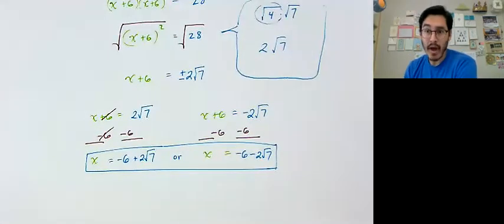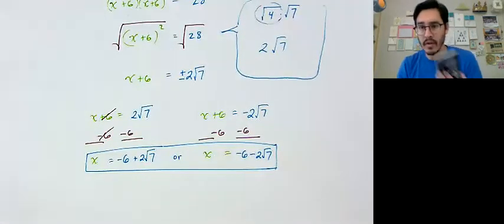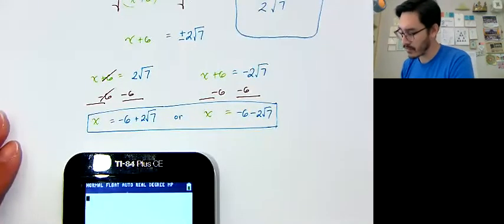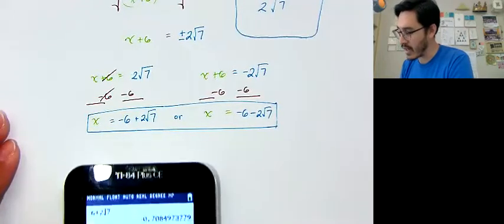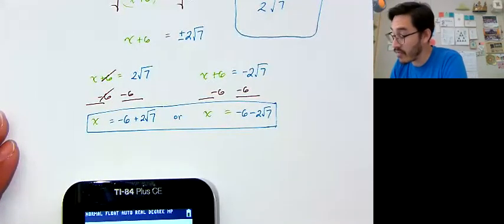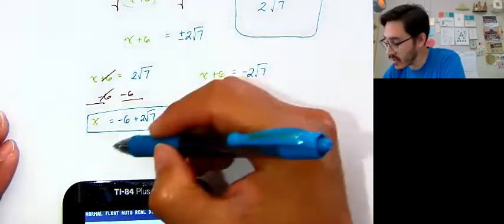Again, these solutions are in radical form. You can use a calculator, though, to estimate them both as decimals. Negative 6 plus 2 root 7 is about negative 0.708.